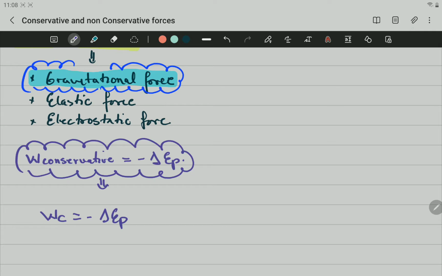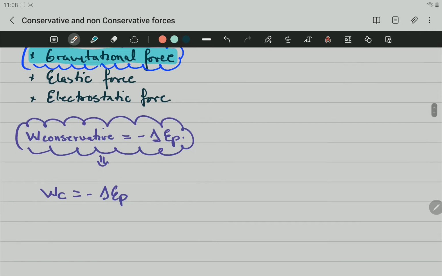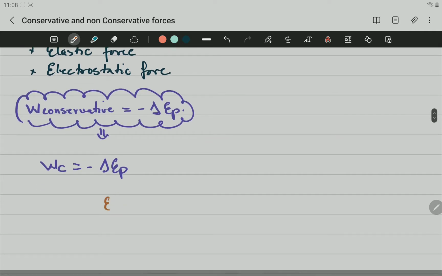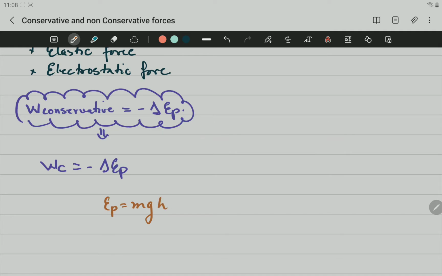Remember, in grade 10 you learned about potential energy. Remember, gravitational potential energy is equal to the product of mass multiplied by acceleration due to gravity multiplied by height. That was done in grade 10.